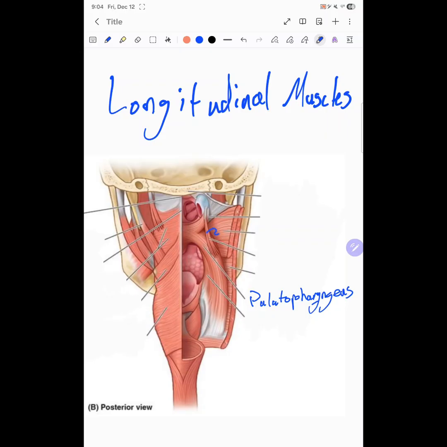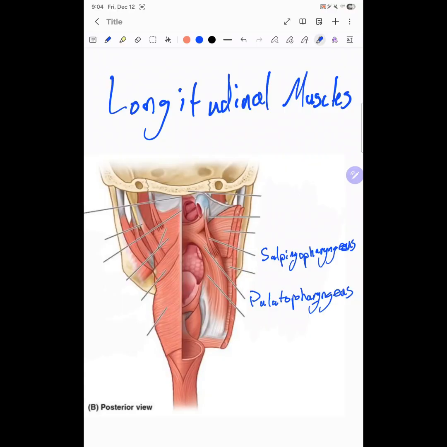Next, we're going to be talking about the salpingopharyngeus, this muscle right there. Let's go ahead and label it. This muscle is going to originate on the cartilaginous part of the pharyngotympanic tube, which is also known as the auditory tube.